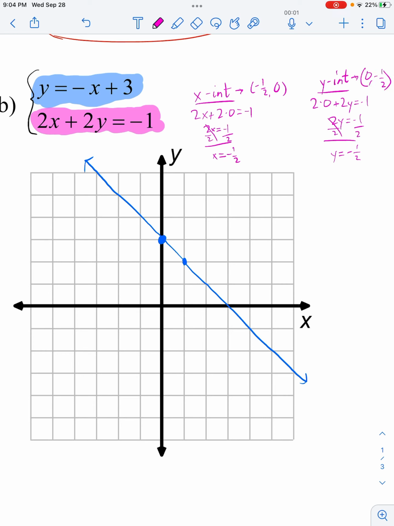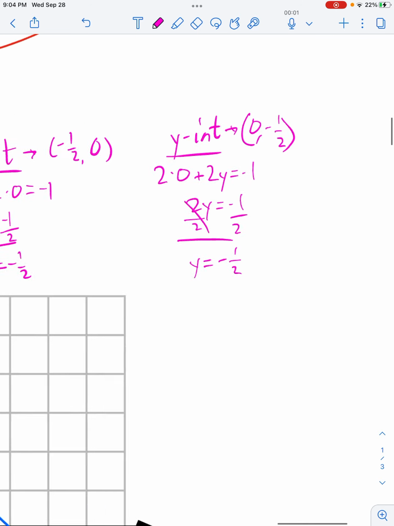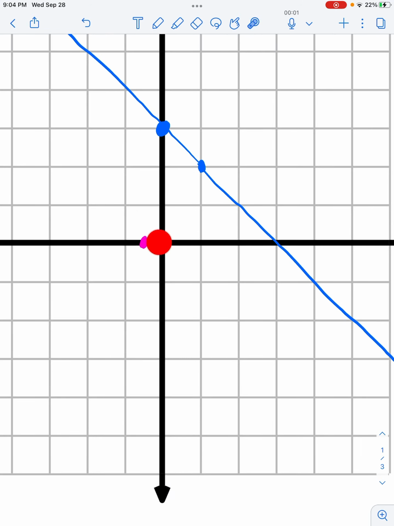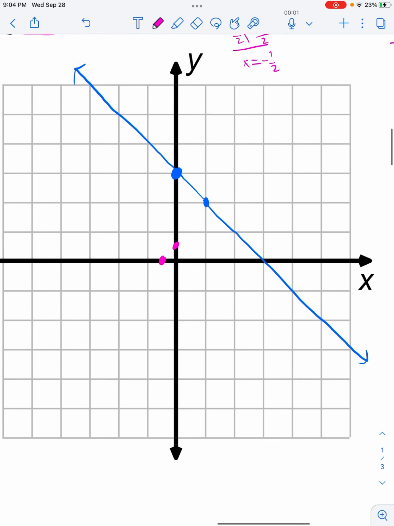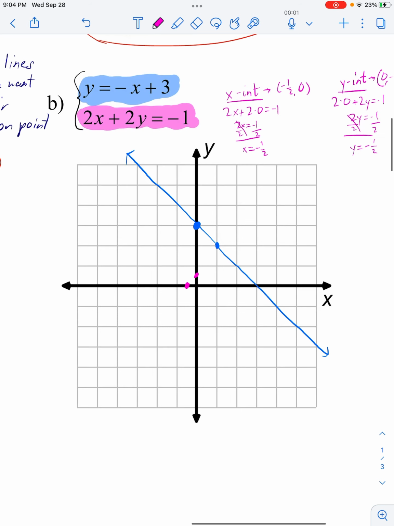Okay, so let's plot both these intercepts. My x-intercept, -1/2, 0, so to the left 1/2, up and down nothing. And then 0, -1/2, so left and right nothing, and then down 1/2. Cool stuff. And then I'm just going to go ahead and draw a line.